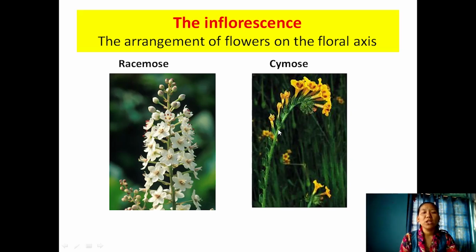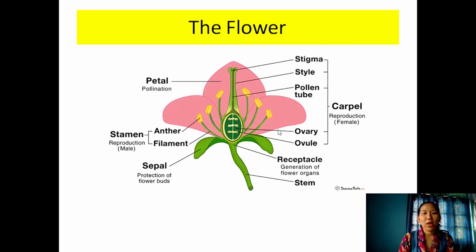So these are the two broad types of arrangement of flowers on the floral axis, that is inflorescence, racemose and cymose. In racemose, the flower grows laterally and the apex continues to grow, that is unlimited growth. In the case of cymose, they terminate into a flower, the arrangement of the flowers is basipetal, and the growth is limited.